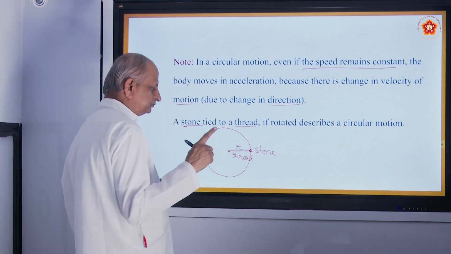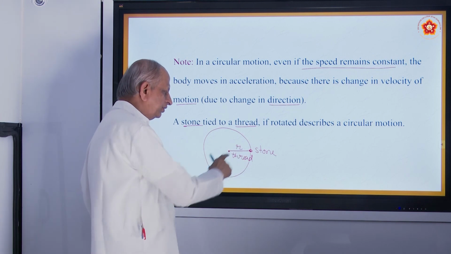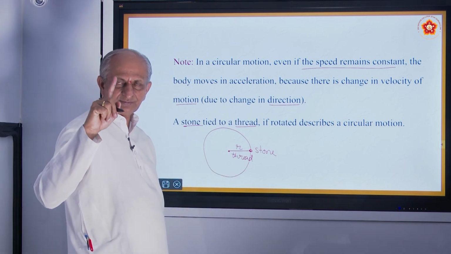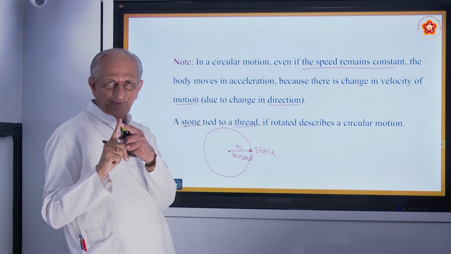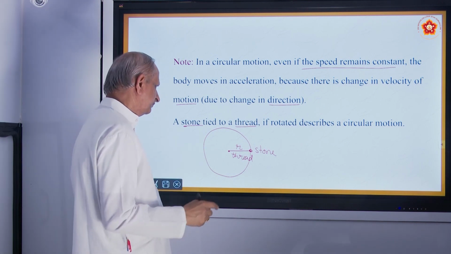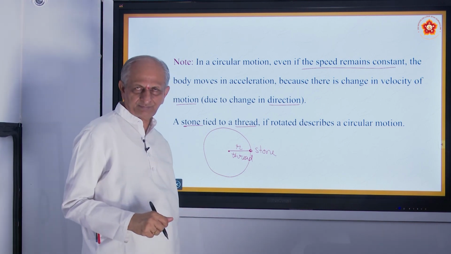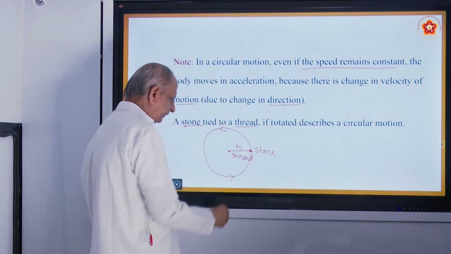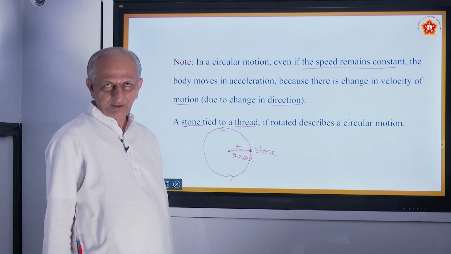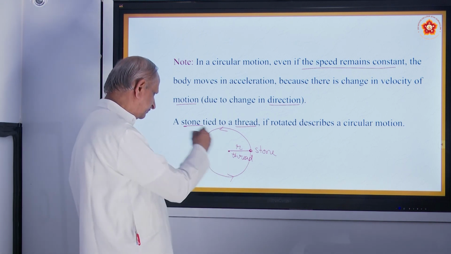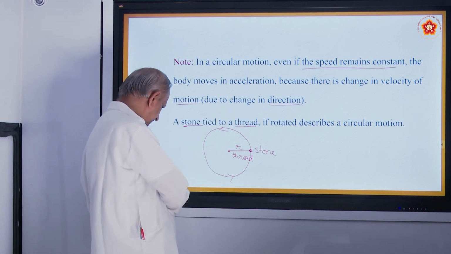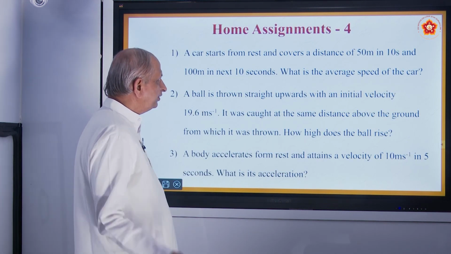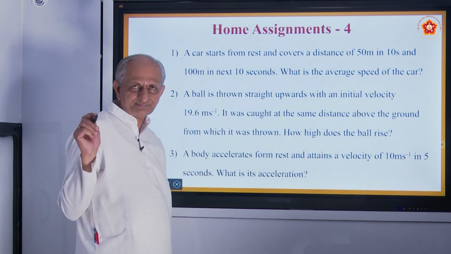So you tie a thread to a stone on one side, on the other side you tie it to the finger and rotate it. That is a circular motion. Followed? And here also speed may remain the same, but velocity changes because direction changes. Okay, so you can have so many examples like that.